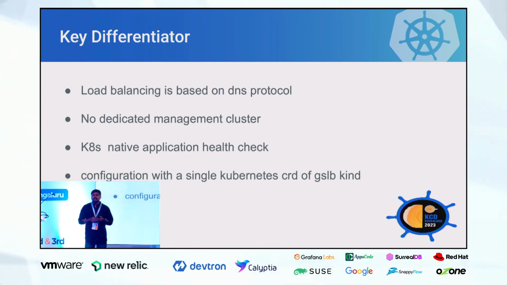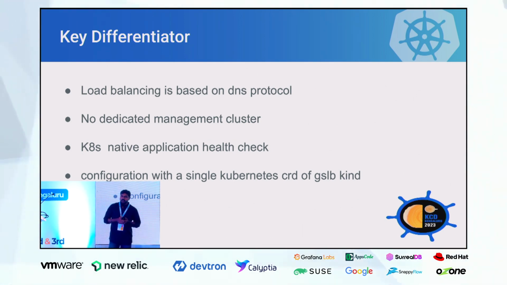In general, people go for a multi-cluster or GSLB solution for an HA or disaster recovery use case. In KGB there is no dedicated management protocol or dedicated control plane, so there is no single point of failure.